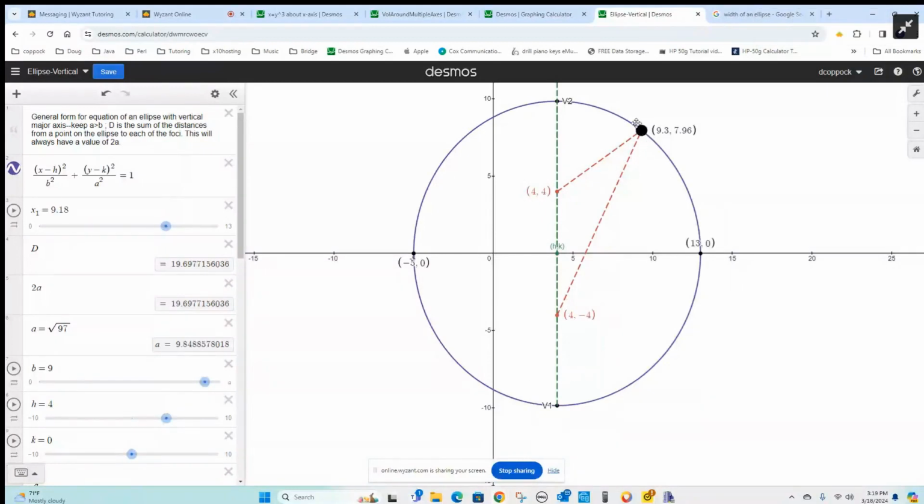And if I pick a point on the ellipse and join that point with segments connecting the two foci, those two distances add up to the same number no matter where the point on the ellipse is. And you can focus on the D and the 2A here. D is the sum of the distances of those two dashed red segments. It always stays the same. 2 radical 97, actually.